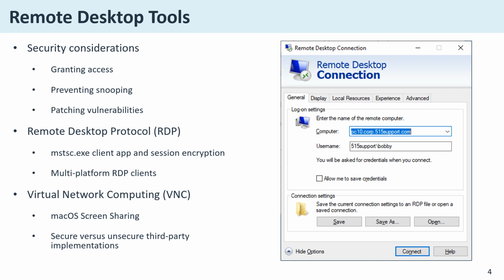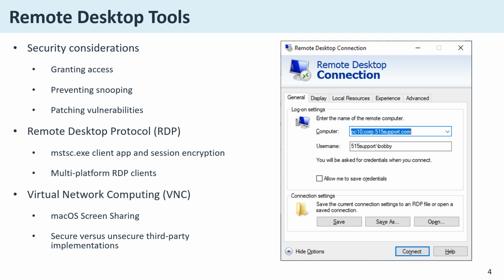Now, virtual network computing, or VNC, is another popular technology used for remote desktop access. Unlike RDP, VNC is platform independent and can be used across different operating systems, including Windows, macOS, and Linux.